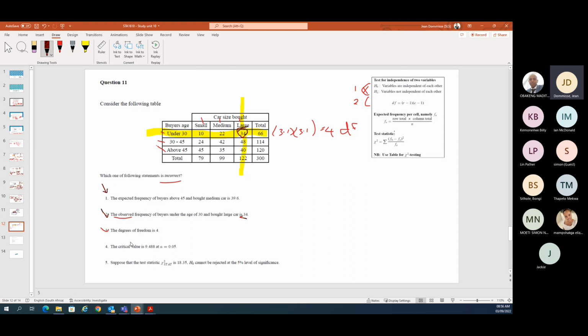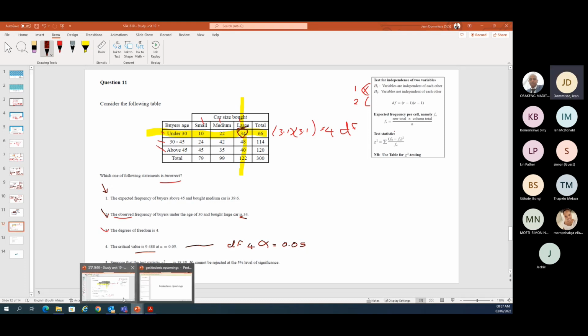I first want to check the critical value because that we can get from the table. So degrees of freedom is 4. The alpha is 0.05. So let's do critical value.